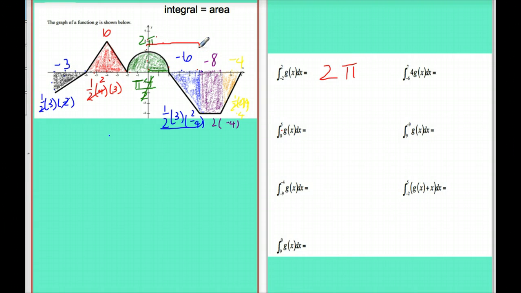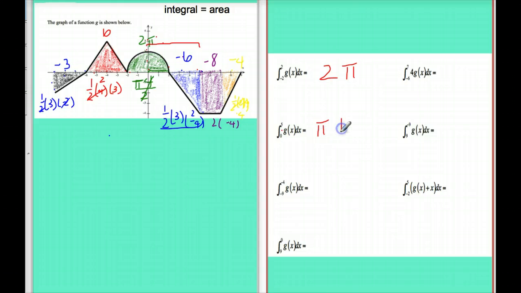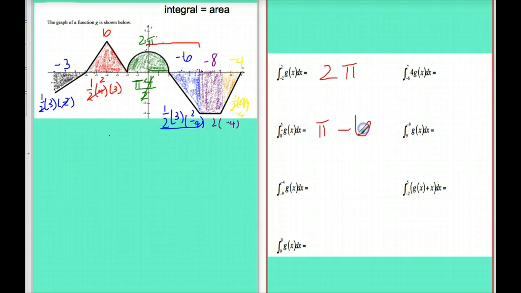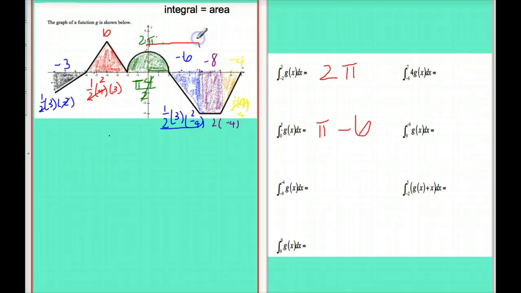So half of 2 pi is pi. So I know half of this is pi. And I have to add on this blue triangle, which is a -6. So we know our integral from 0 to 5 is pi minus 6.